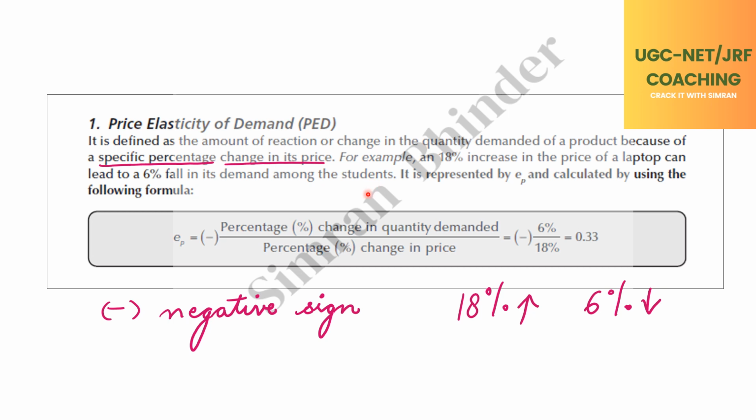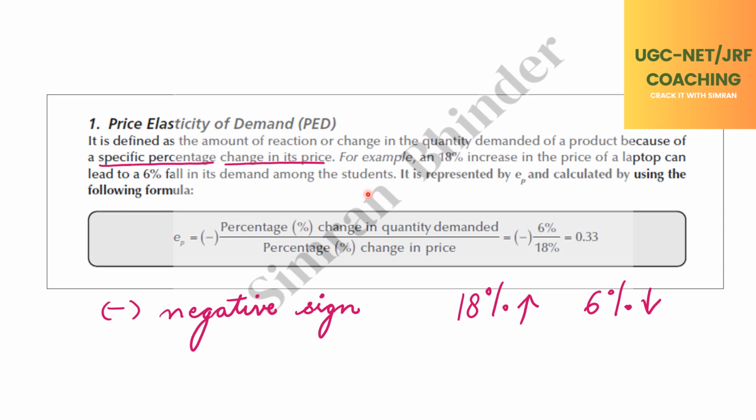What is price elasticity of demand? Whatever percentage change in price of the product is there, how it impacts the change in quantity demanded of that product, this is referred to as price elasticity of demand. It specifically focuses on price of the commodity or product.